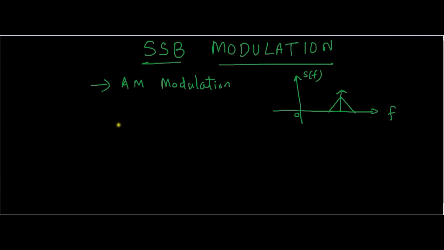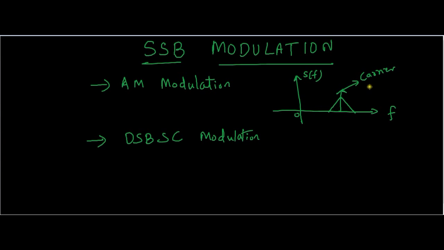After studying the advantages and disadvantages of AM modulation, the next step was to learn DSBSC modulation, that is double sideband suppressed carrier modulation. The main disadvantage of AM modulation was that much of the power was used to send the carrier alone.